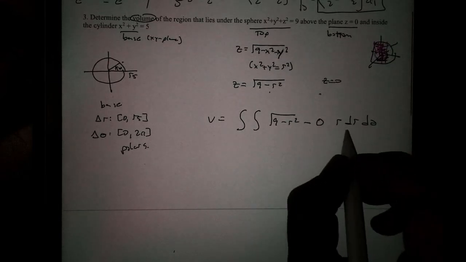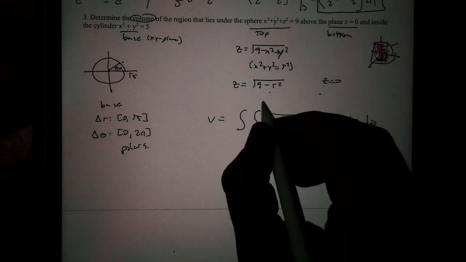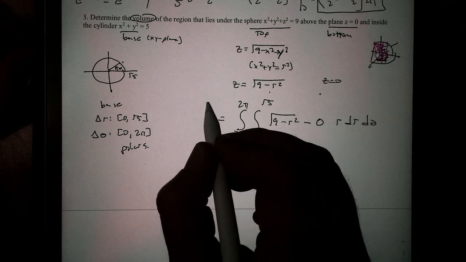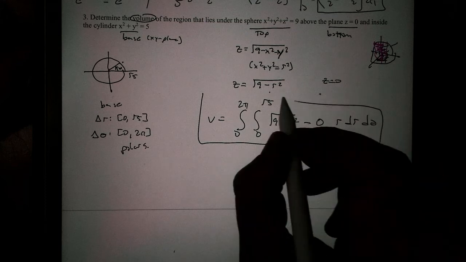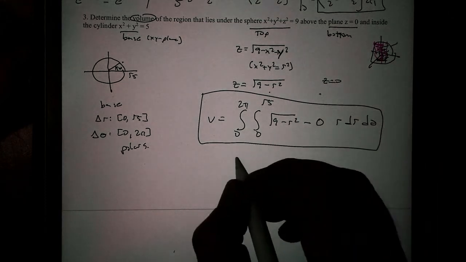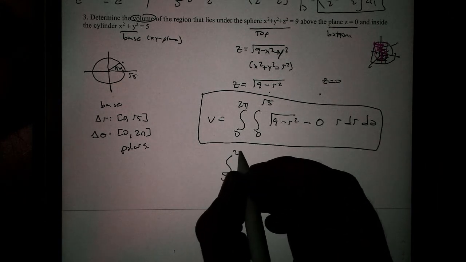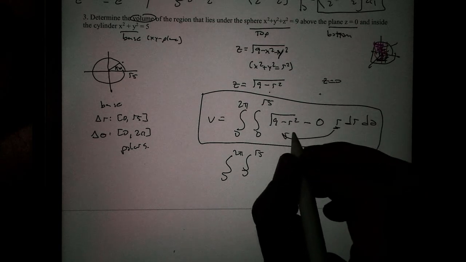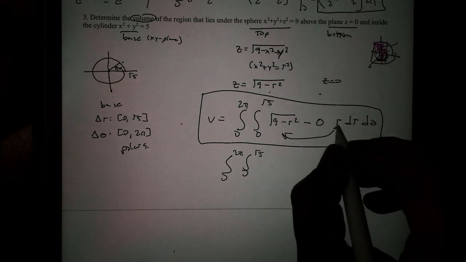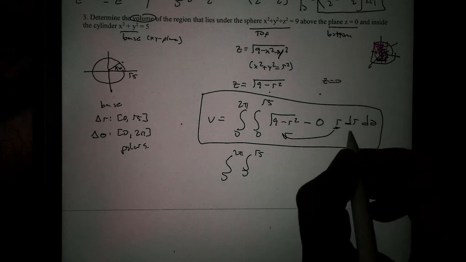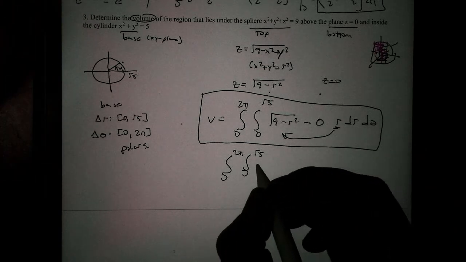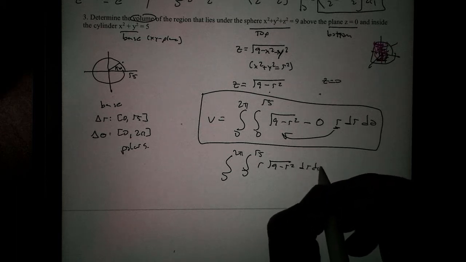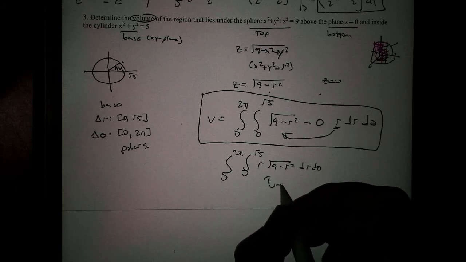And now my change in r, 0 to the square root of 5, 0 to 2 pi, and this I can solve. If I get rid of that 0 right there, it's not too bad to look at. 0 to 2 pi, 0 to the square root of 5. Put this r in the front. That is a variable. It's not one of my changes. I can just put that out to the front. r times the square root of 9 minus r squared dr d theta, and now that's just u substitution right there.